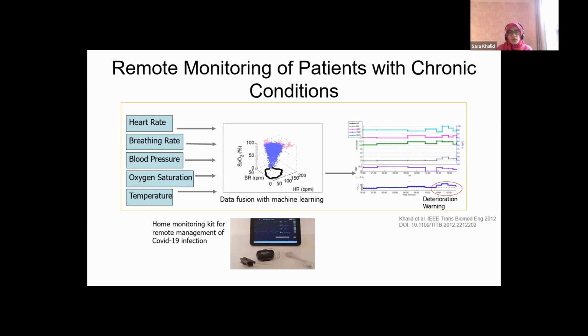So this is an example from our own lab at the University of Oxford, where data fusion and machine learning models were trained on hundreds of thousands of hours of patient vital sign data, such as heart rate, breathing rate, oxygen saturation, blood pressure, and temperature, to develop what's known as a patient status index, such that if the index crosses a certain threshold, the patient care team can be alerted remotely and come to the patient's aid. This technology has also been deployed more recently for remote monitoring of COVID-19 patients, for the monitoring of their oxygen levels during the ongoing pandemic by colleagues at Oxford.